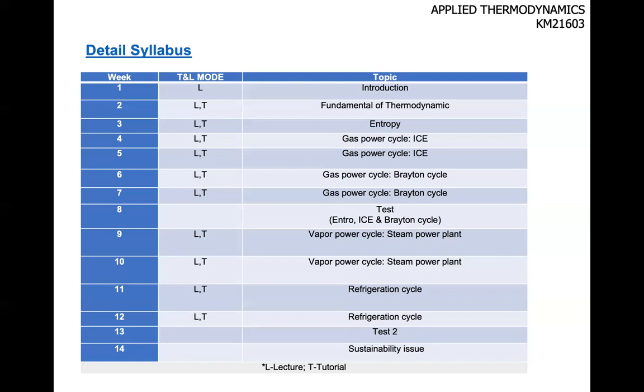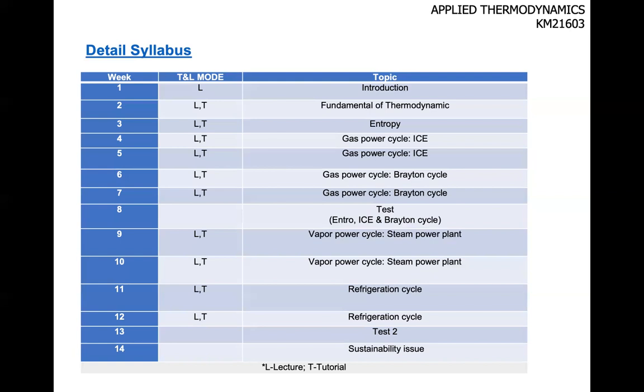Then we go to the interesting chapter, which is the ICE engine, that will explain the petrol engine and the diesel engine. Then we will touch on the Brayton cycle, which is the gas power cycle. The Brayton cycle is actually used in a jet engine.